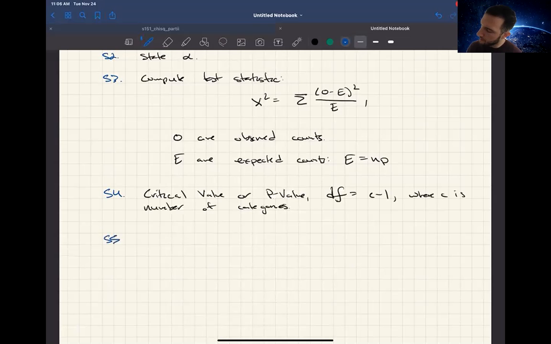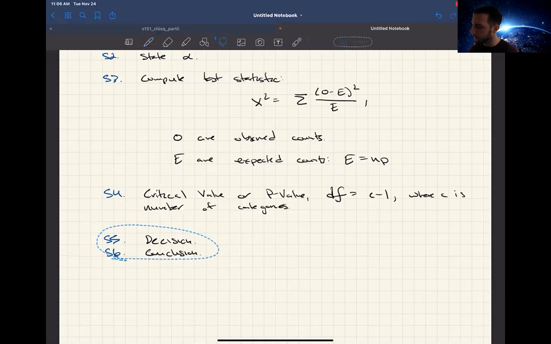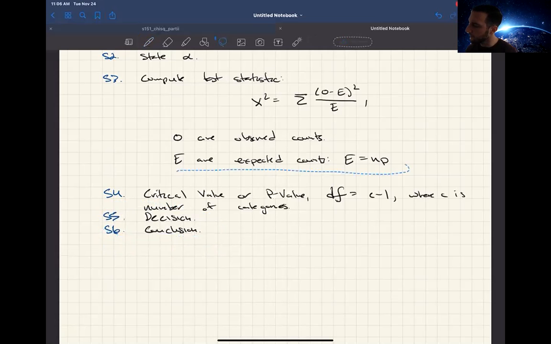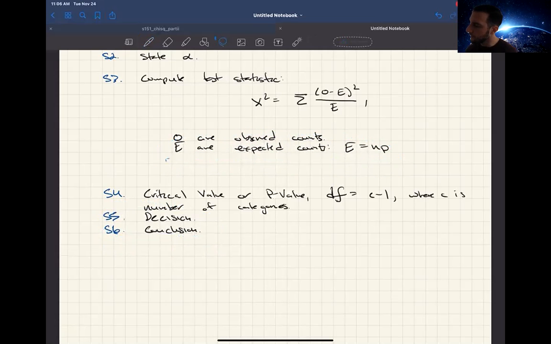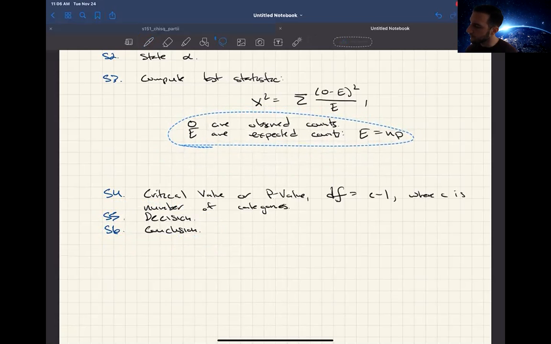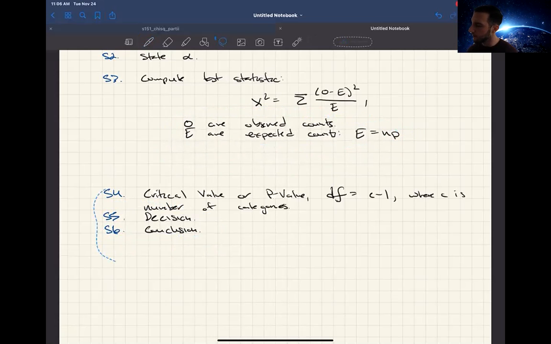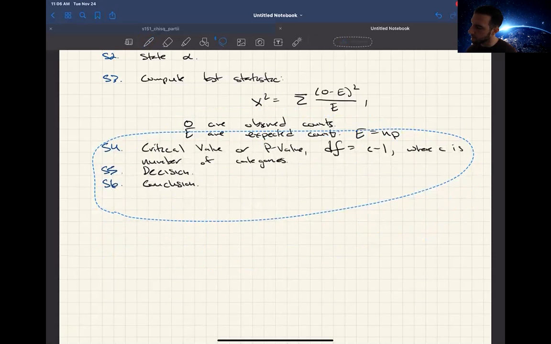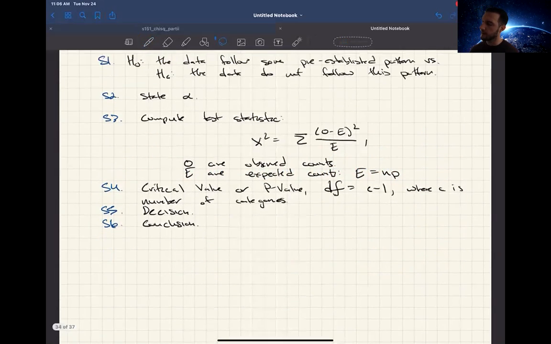And then on step 5, we have decision. And on step 6, we have conclusion. Okay, so the test runs just like any other hypothesis test that we have seen in the course. The big difference here is that these particular tests, the chi-square tests, are very much unique to the question that they are asking.